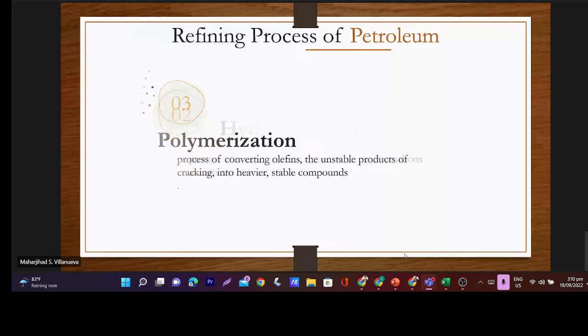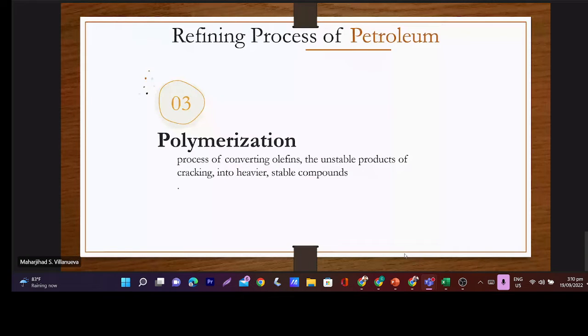So, next po is polymerization. So, polymerization is a process of converting olefins. Yung mga olefins po is yung mga ethylene, propylene, butylene, mga unstable products of cracking po.